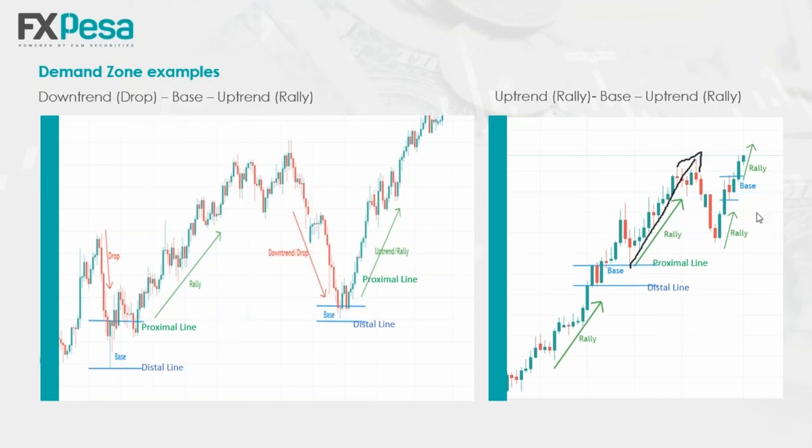So the intention is to either place a pending order along this zone or somewhere close to the proximal line. So your pending order will be triggered once the candlesticks pierce this zone, and your stop loss should ideally be below the distal line. So the intention is to have your order triggered once the price comes shy of this zone, or perhaps when price has pierced this zone.